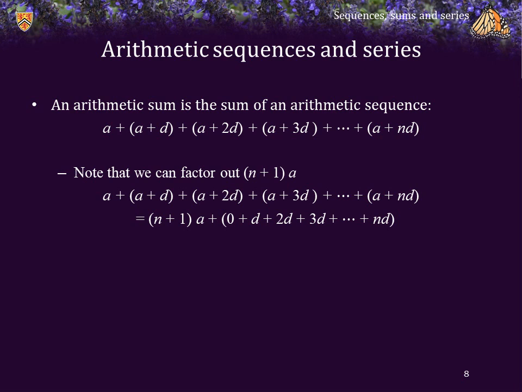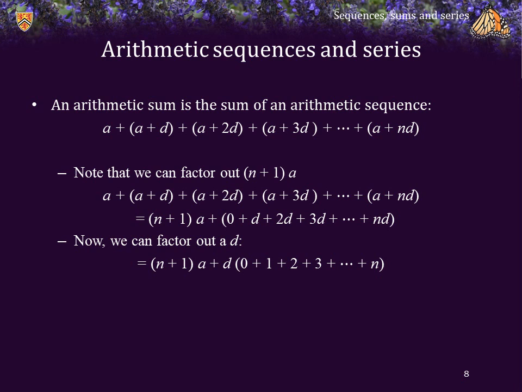Oh, but wait a second now. Looking at that sum on the right-hand side, notice that we have a common factor of d. So now we can factor out a common factor of d. So now we're just left with this arithmetic sum equaling n plus 1 times a plus d times this sum here.